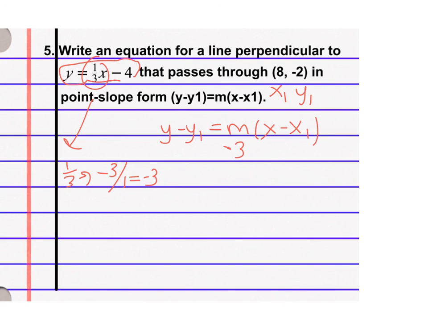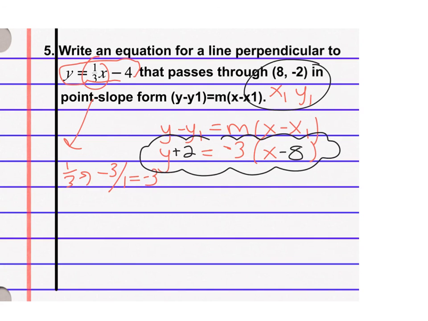Those are the same thing. Then you are putting in your point, positive 8 and negative 2. Remember, positive 8 shows up as a negative 8. Negative 2 shows up as a positive 2. So this is my answer. Y plus 2 equals negative 3 times x minus 8.